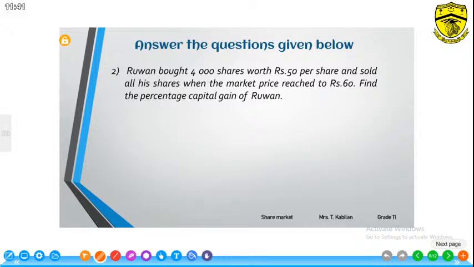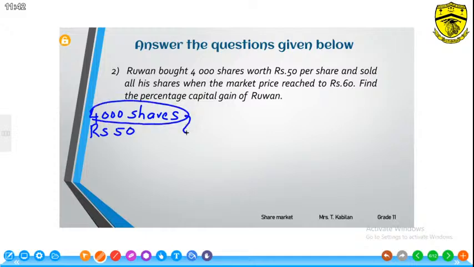Ruan bought 4,000 shares when the market price of each share is rupees 50 and sold all his shares. So Ruan sold all the 4,000 shares when the market price increased to rupees 60. Right? Here we need to find the percentage capital gain of Ruan.